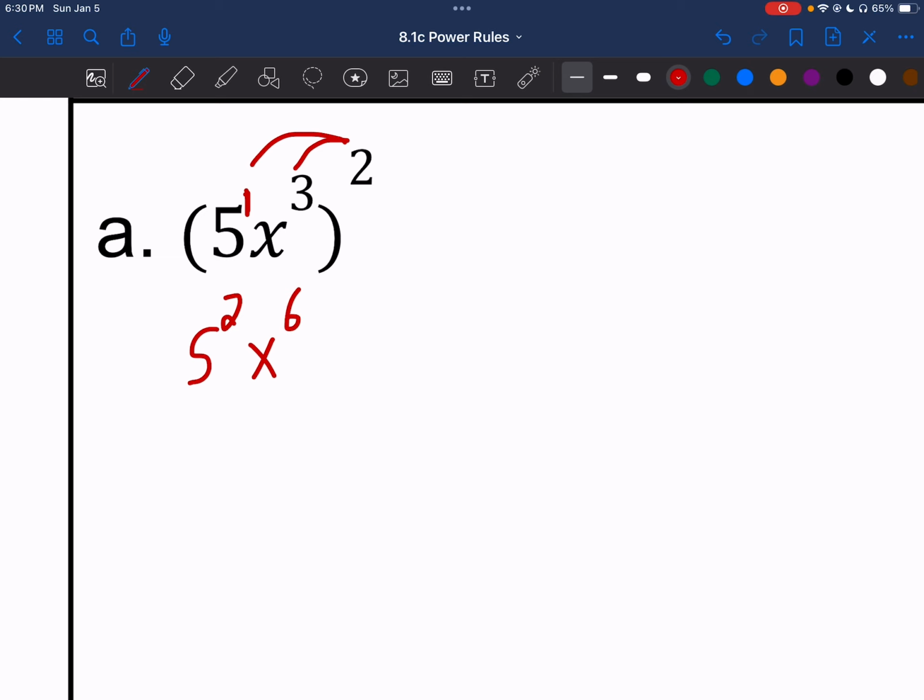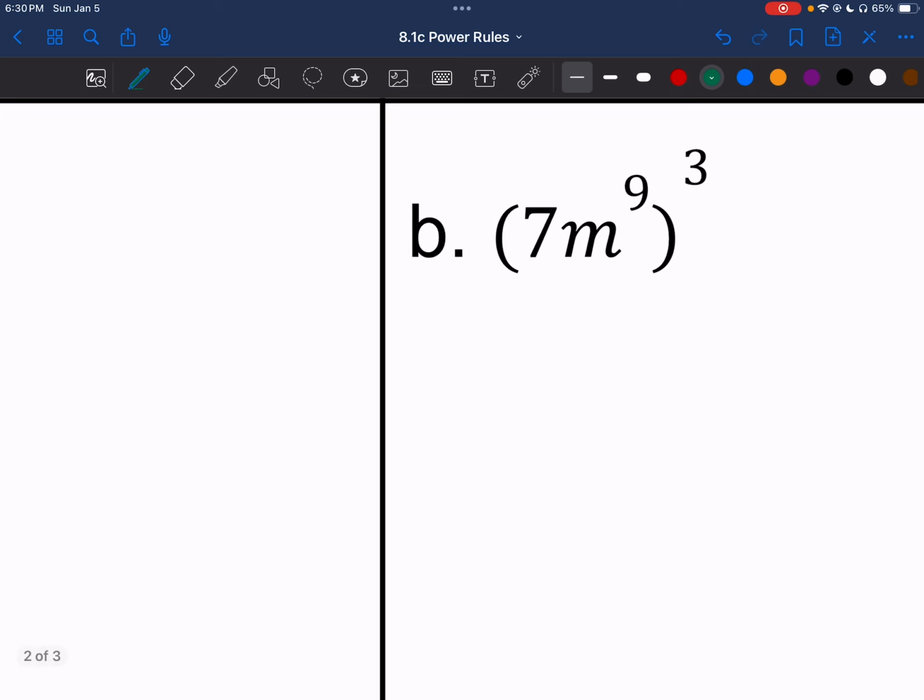Okay, right? Because that's 3 times 2. So now when we simplify, 5 squared is 25, x to the 6th power. If I haven't said it already, I really strongly encourage you to memorize your perfect squares between 1 and 15. That will help you as you do some math later on as we go.